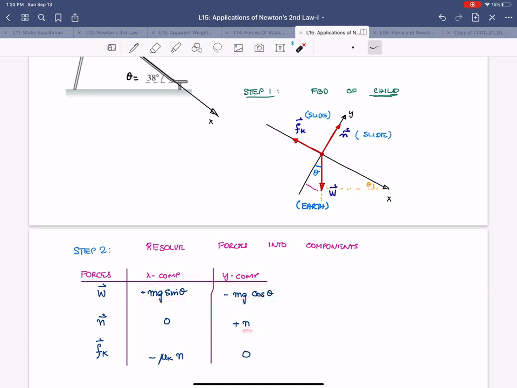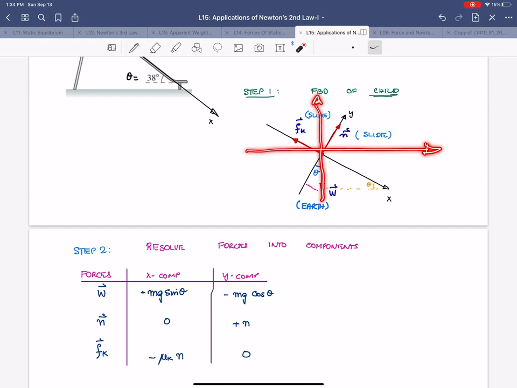The normal force and the force of kinetic friction are either in the x or y direction. So there was not much resolving that we had to do for these two forces. On the other hand, if we had chosen our axes the other way, then you get into all sorts of problems.